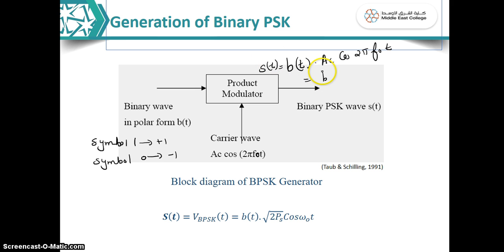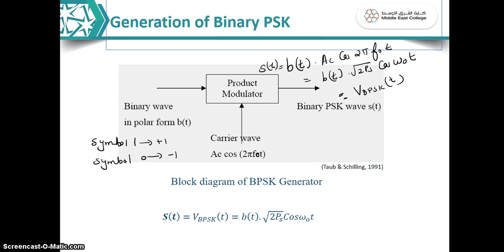Or I can write it as b(t) into root 2 Ps cos omega 0 t. This is your transmitted signal s(t), the V BPSK signal. This is the transmitted signal for BPSK.